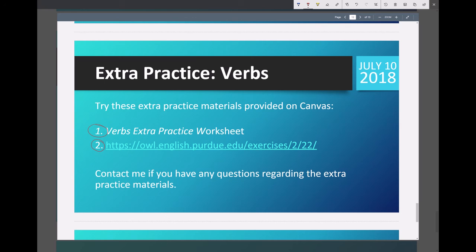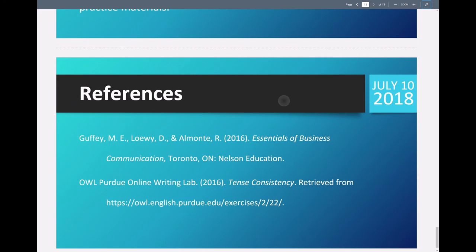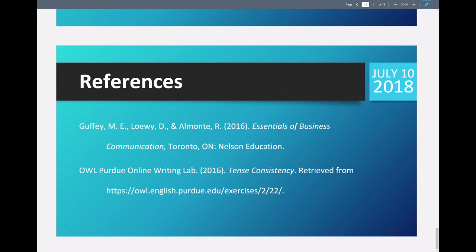If you have the PowerPoint, you can click these, or on Canvas you can actually click on the links themselves. I'll show you where they are in another video, because this one is way too long. And here's a list of references of the sources that we use to show you the verb rules as well.